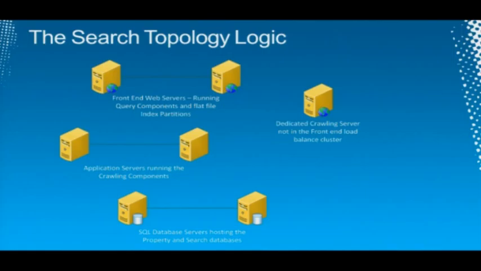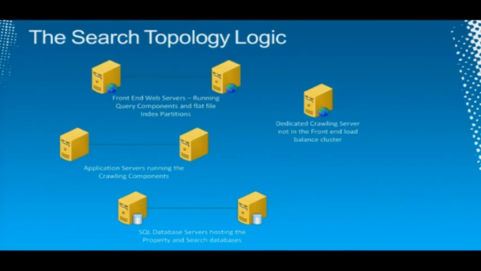So there's an example of a search topology. You'll notice that I've structured mine very much in a 222 format. Obviously, because in the ideal world, we always have a second server in terms of resilience and performance offloading.